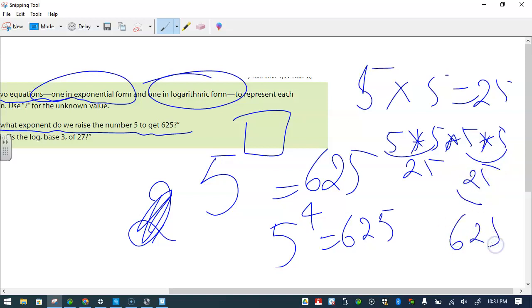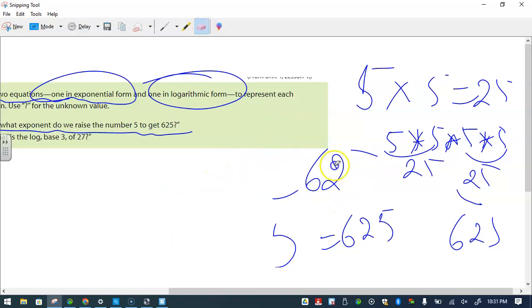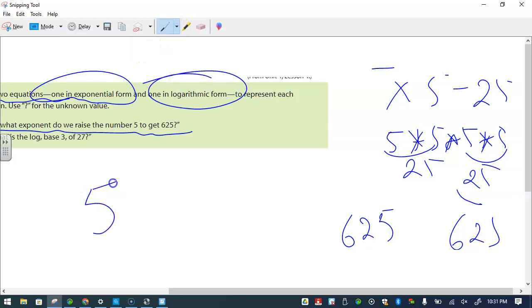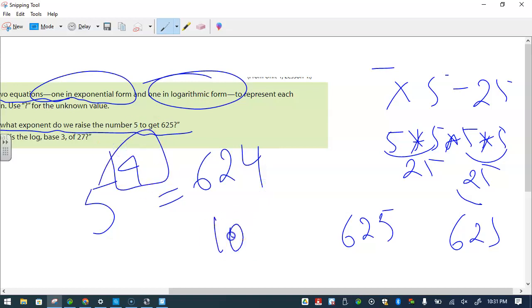So that's one. But if you want to write it in logarithm form, 5 raised to 4 is 625. Let's see if you don't know that. It's like the logarithm of 625 to the base 5.